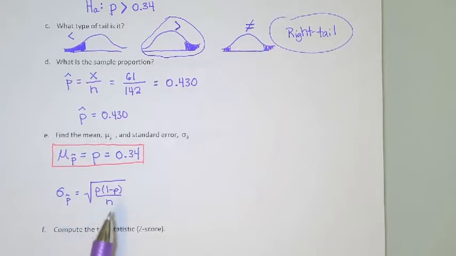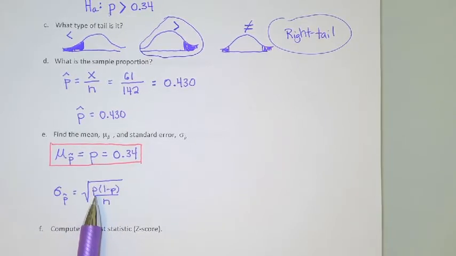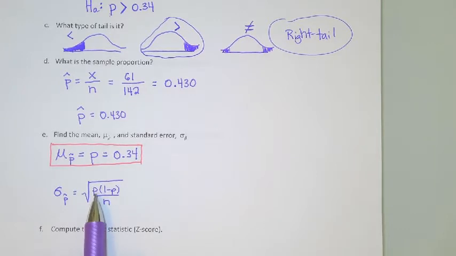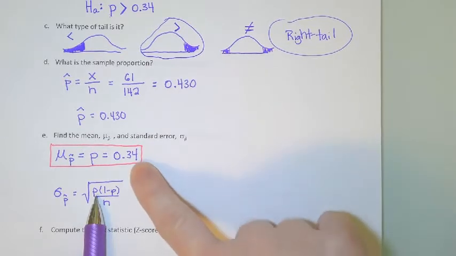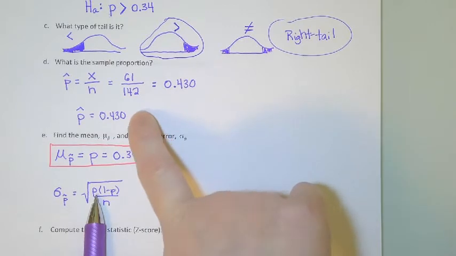And one word of caution here, when we go to substitute in our values, we want to make sure we're substituting in the value for p, not p hat. In other words, I want to make sure I'm putting in 0.34 for p, not 0.43.